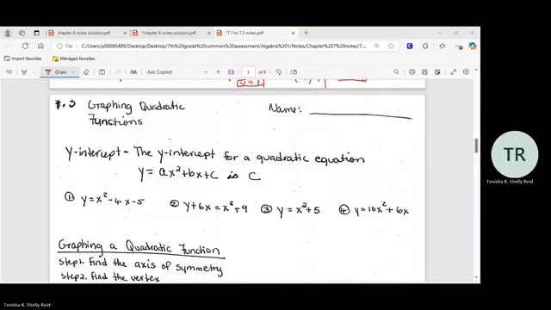Hello, everyone. Today we are going to be learning 7.3, which is graphing quadratic functions. We're going to be graphing quadratic functions from standard form. The standard form of a quadratic equation is y equals ax squared plus bx plus c.